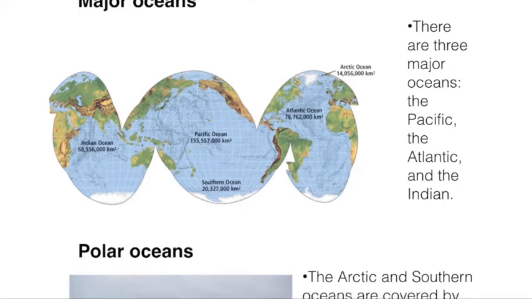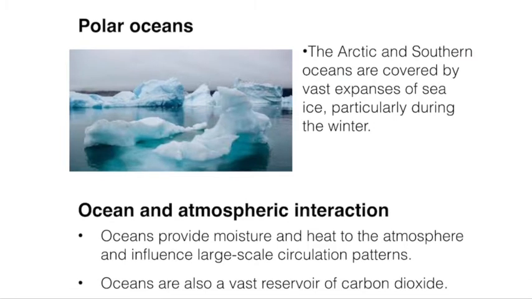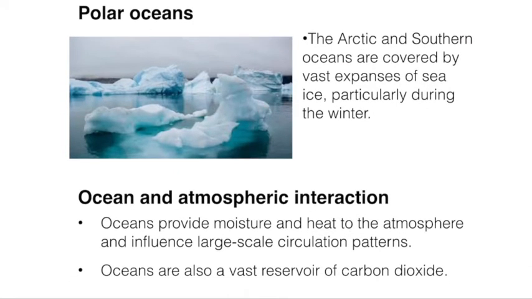Now you're seeing that open up, and you can actually have shipping on the top of the world, which has never happened before. And we need to mention that the atmosphere and the oceans interact. We talked about how the temperatures of the oceans can control weather, but the ocean is also a reservoir that absorbs carbon dioxide gas.